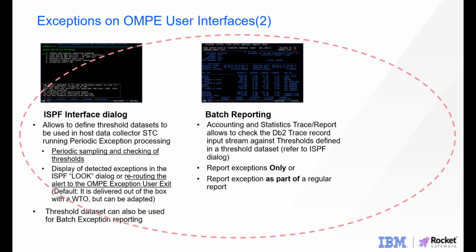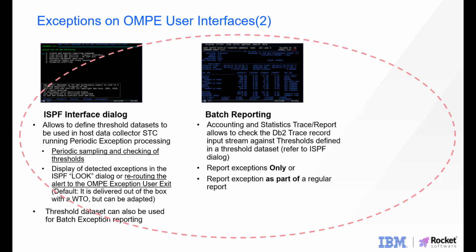And finally, we have the OMEGAMON for DB2 ISPF dialog, which is working closely together with the OMEGAMON for DB2 batch reporting. The ISPF dialog allows to define thresholds in a TSO dataset, like the PE client threshold dataset, which can be used for the data collector automatic periodic threshold exception processing.